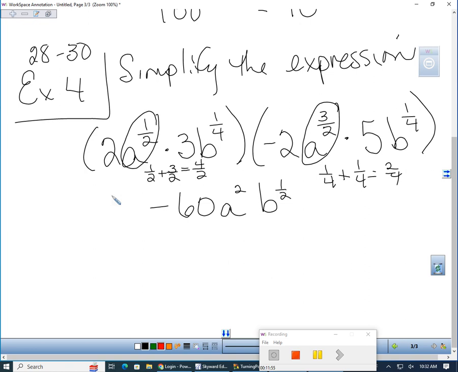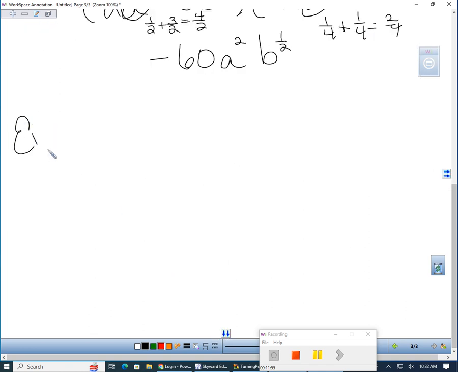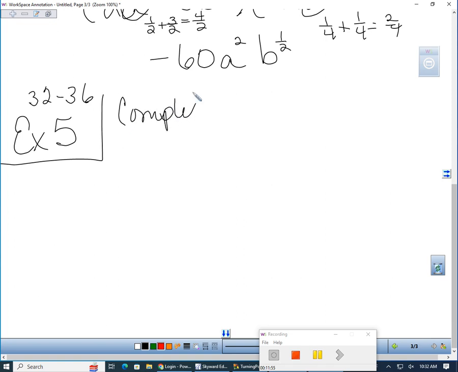All right. Example number 5. We've got to do a little bit more learning on something, and then we'll be almost done. Example 5 is going to cover your 32 through 36. And it says, complete the expression.